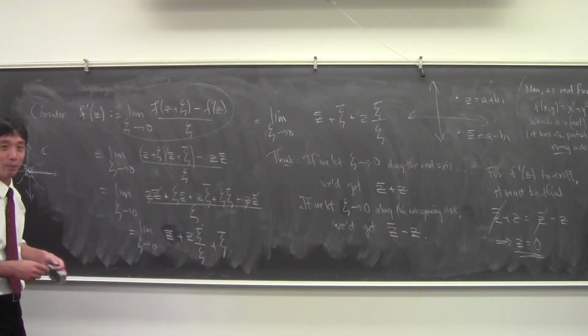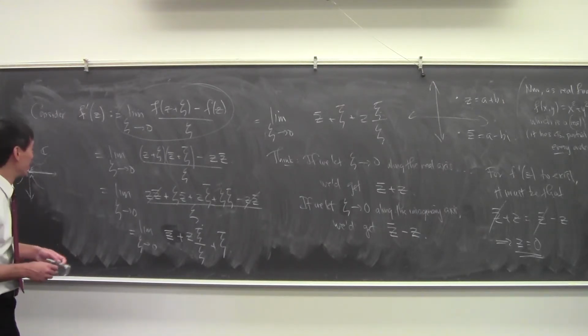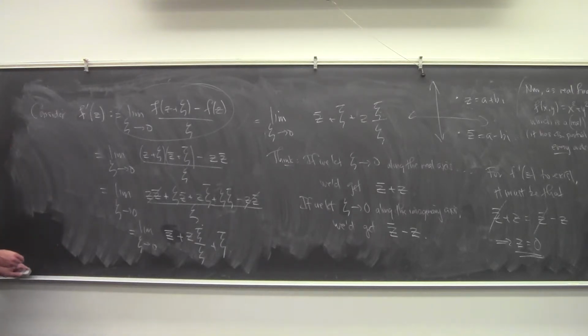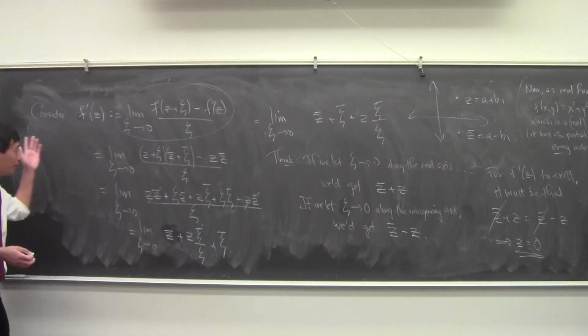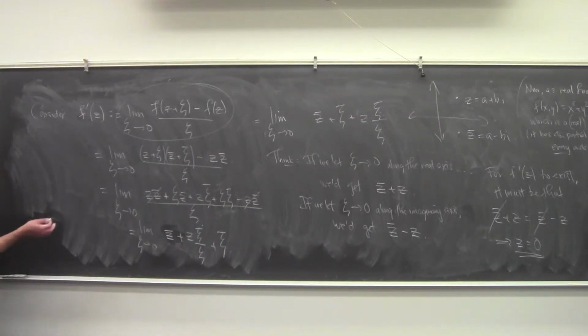Right, we actually don't have any complex valued functions in this class. But if you want one, it's sort of a dumb one, but you could say f of z equals z. That's a complex valued function, and you could differentiate it at 0.